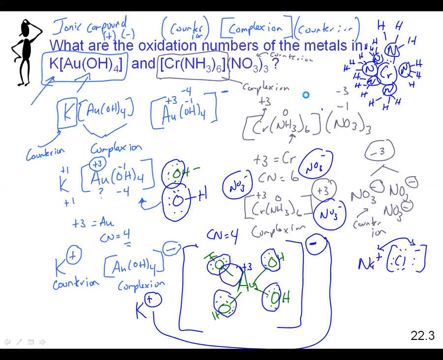And by the way, you can know that by just looking at the formula without doing any calculations. We see potassium comes first, which is positive. The complex ion comes second, it's negative. Here, the complex ion comes first, which we know is positive, and the counter ion comes second, which is negative in that particular case.